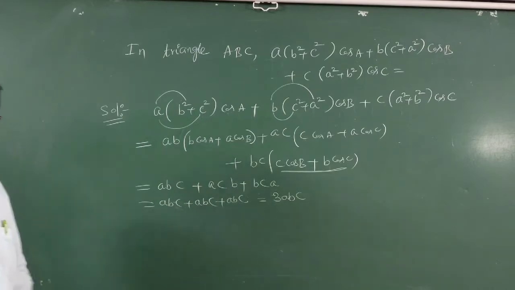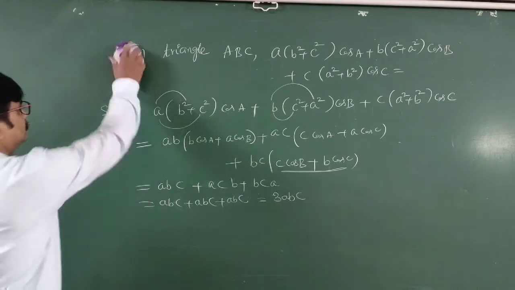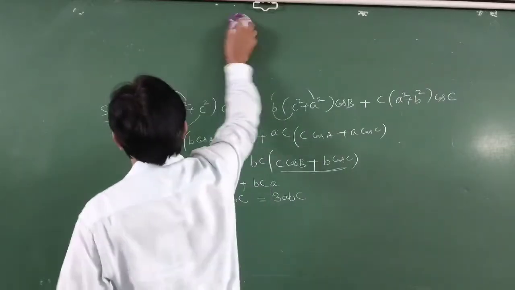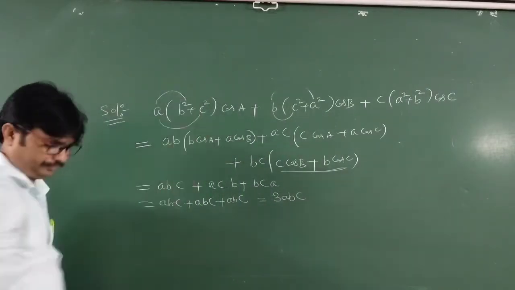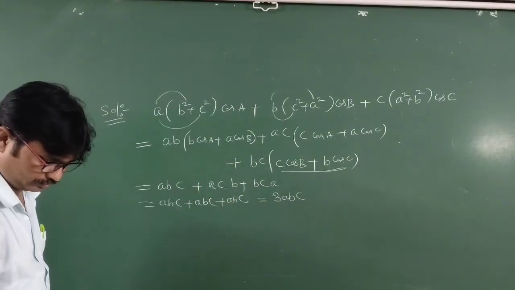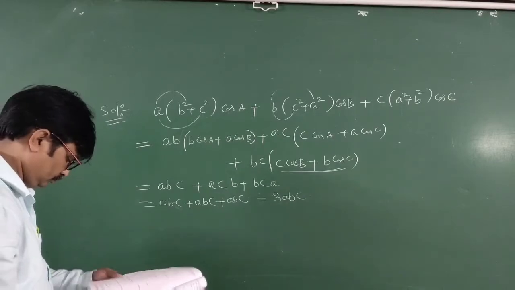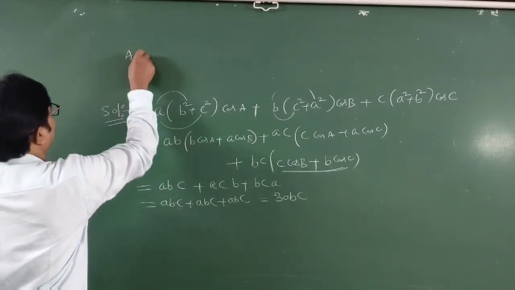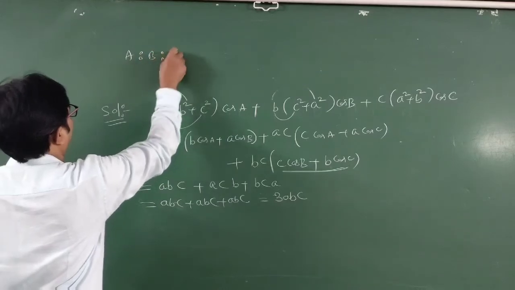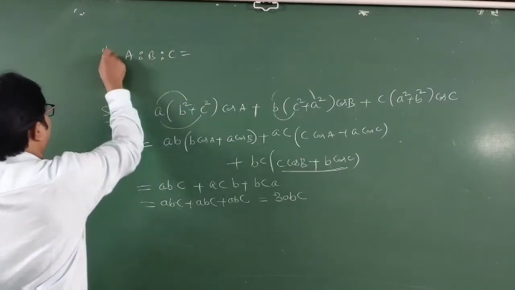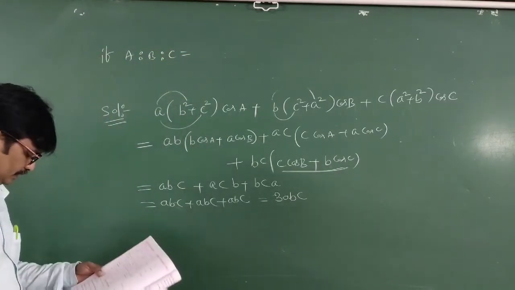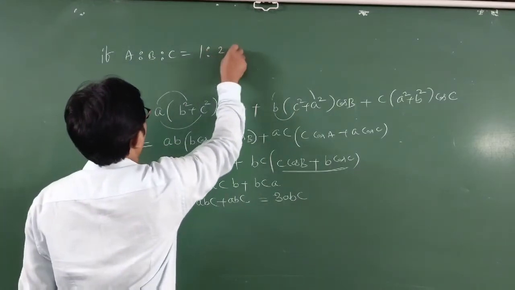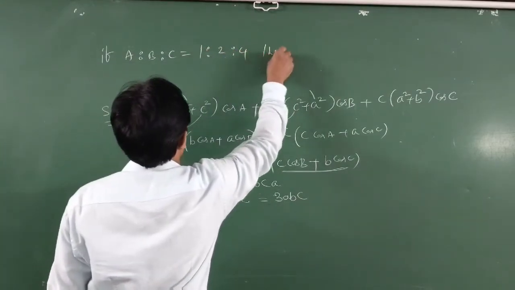Now students, the next one. In a triangle ABC, angle A is to angle B is to angle C is given as 1 is to 2 is to 4.